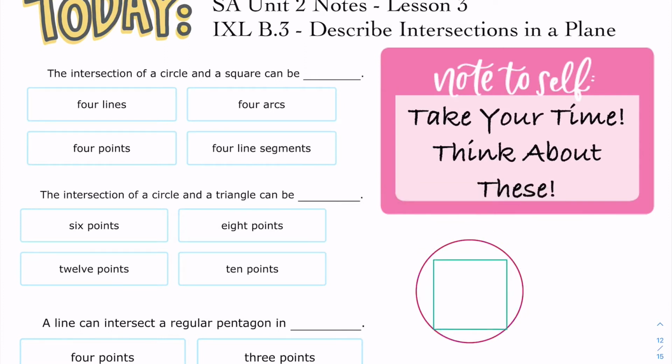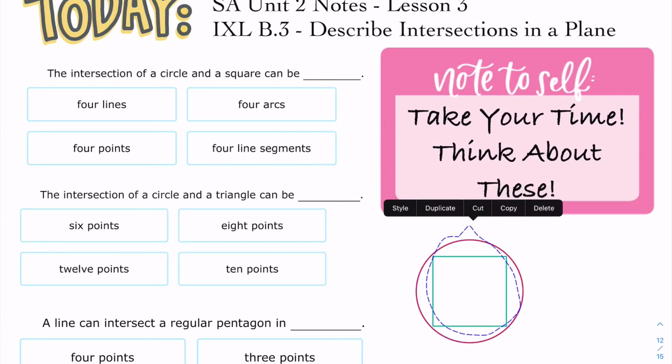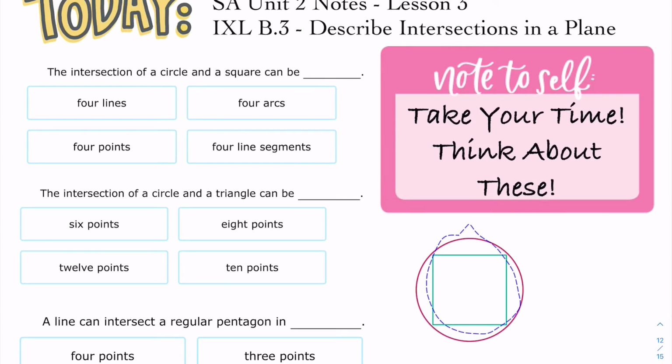Well, if I shrink this down, it intersects. We could break it into four arcs, but that doesn't mean it intersects at those locations, right? Let me get a perfect square because this one I adjusted. There we go.